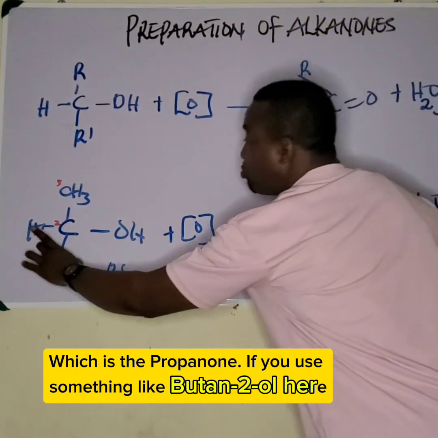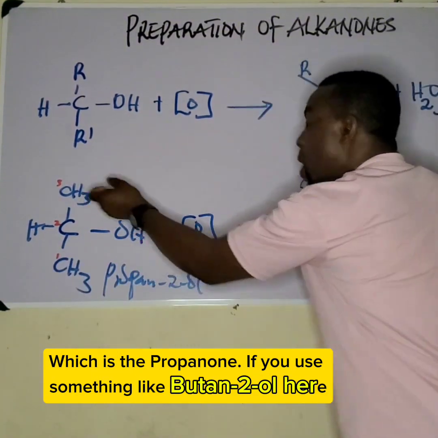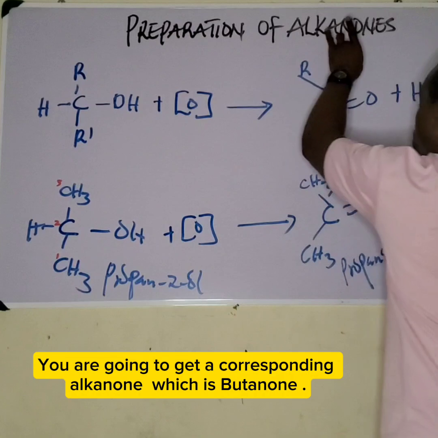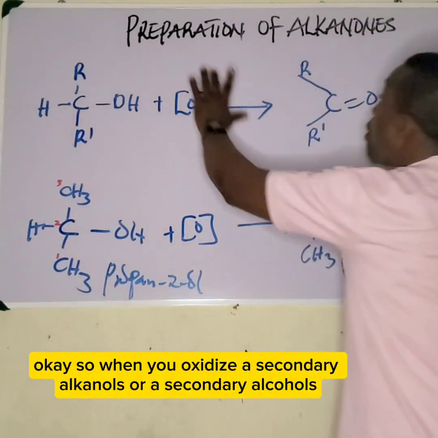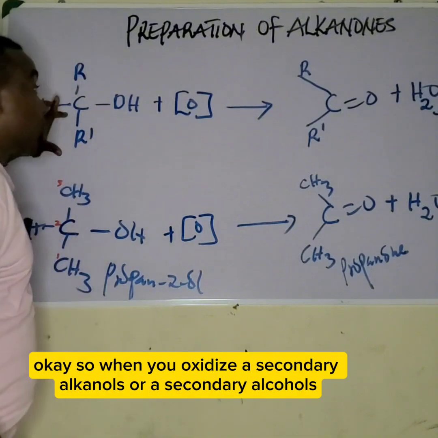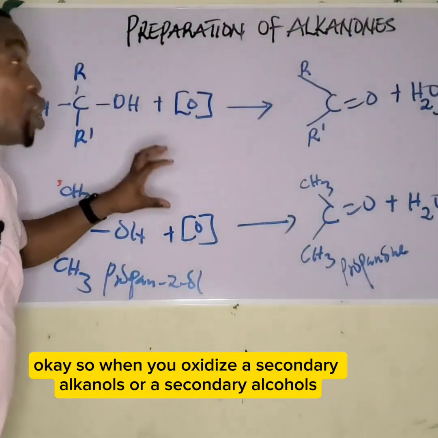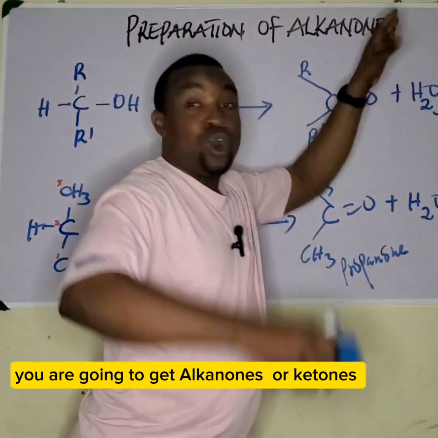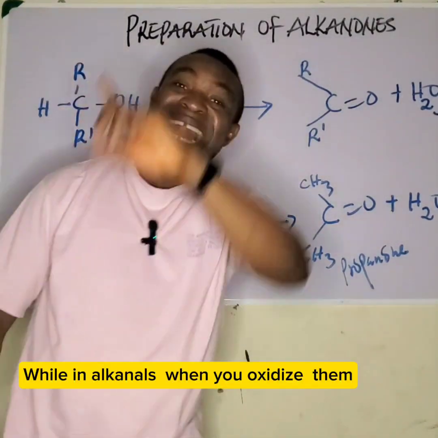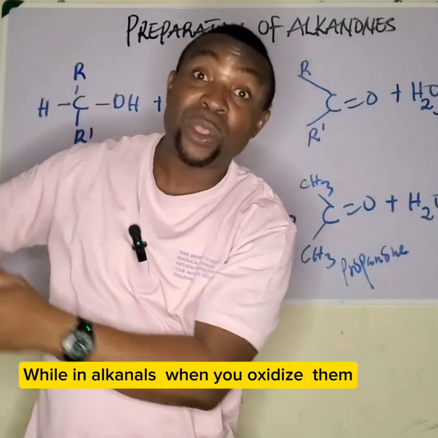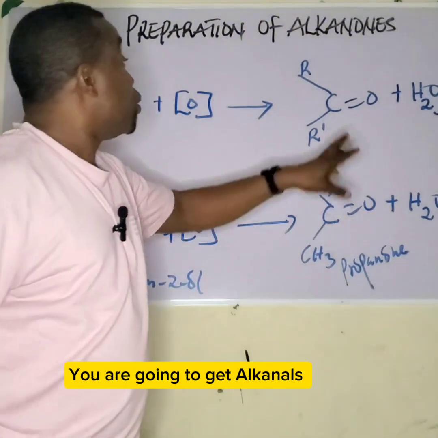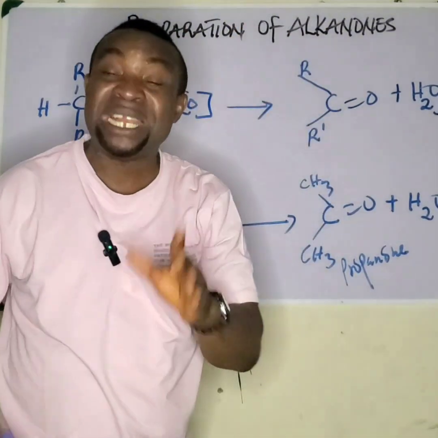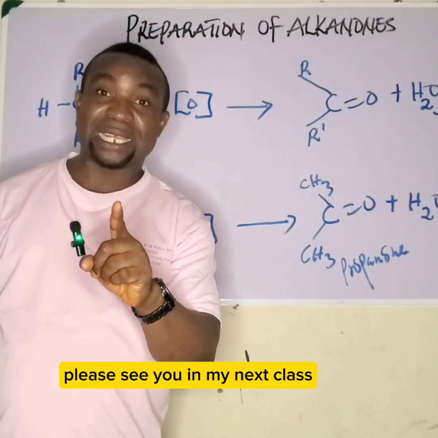If you use something like butan-2-ol here, you are going to get a corresponding alkanone, which is butanone. Okay, so when you oxidize secondary alkanols or secondary alcohols, you are going to get alkanones or ketones. While when you oxidize primary alkanols or alcohols, you are going to get alkanals. Please see you in my next class.